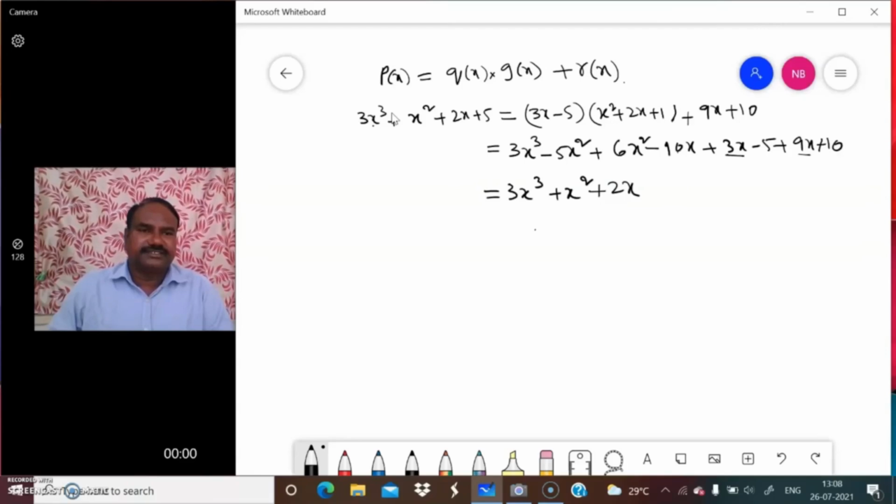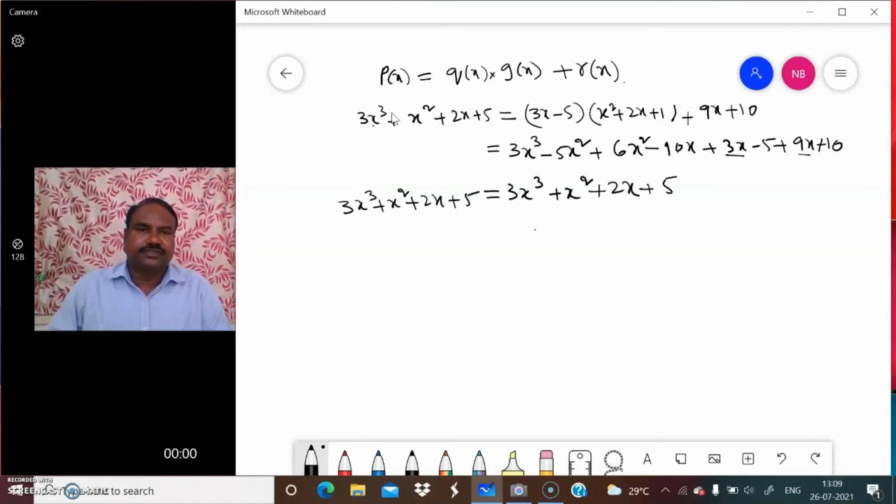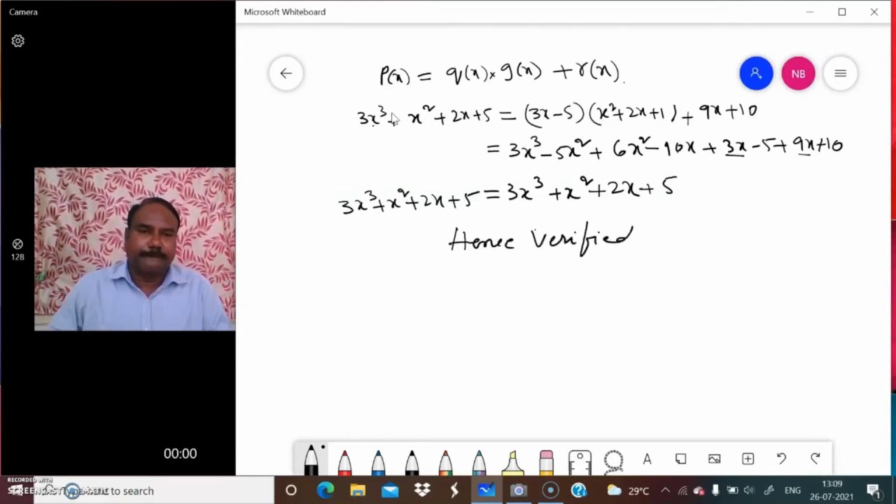And here plus 10 is there, and here minus 5, 10 minus 5 is plus 5. So this side also we have the same, that is 3x cube plus x square plus 2x plus 5. So we got that p of x is equal to q of x into g of x plus r of x. Hence the division algorithm is verified.